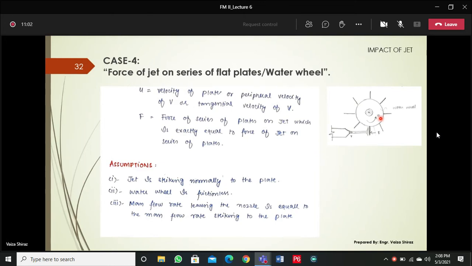So this u is entirely dependent upon the velocity of the jet.